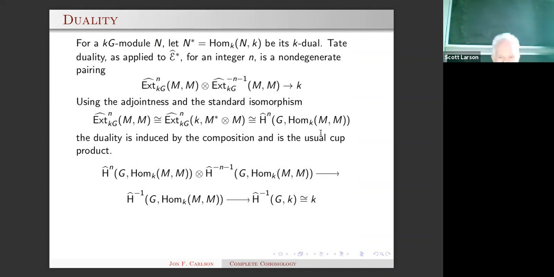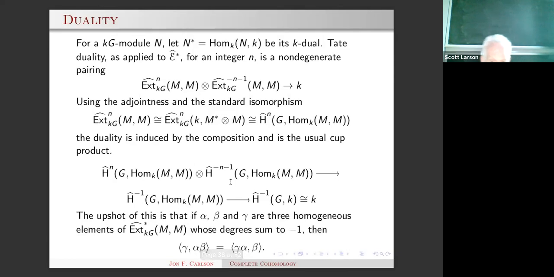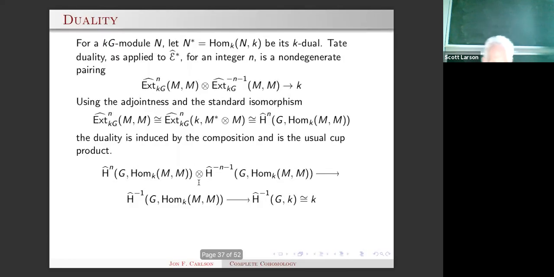But at any rate, the way Tate duality is defined is this. This is my X upper n, this is my X hat upper -n-1. N can be either positive or negative here, by the way, but the degrees add to -1. You take these two, you do a composition. I think I can just show you this. No, let me not.